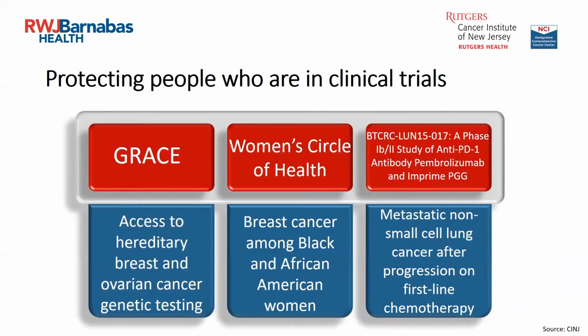Because protections have been put into place, we can see where research done right can have a positive effect. Here are studies that have been conducted here at the Cancer Institute that have been inclusive and follow the protections we've just discussed. The GRACE study helps eligible breast and ovarian cancer survivors get genetic testing. The study focuses on Black, Hispanic, and women living in rural areas who are eligible for genetic testing and are not necessarily aware of it.